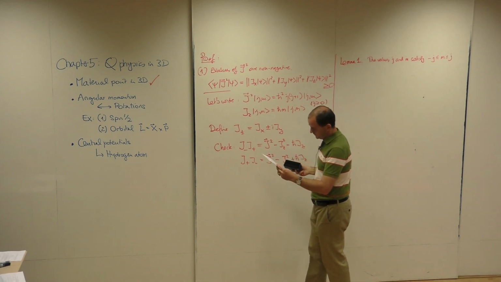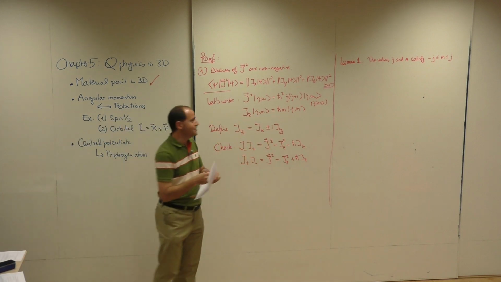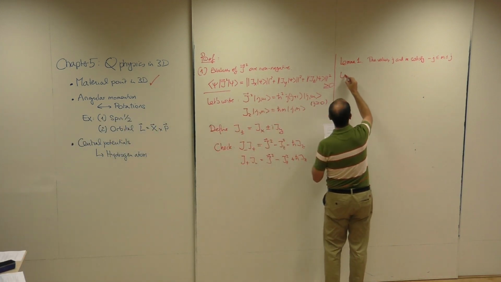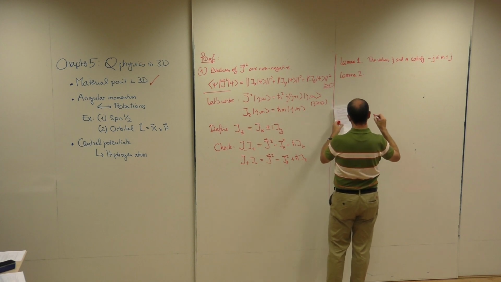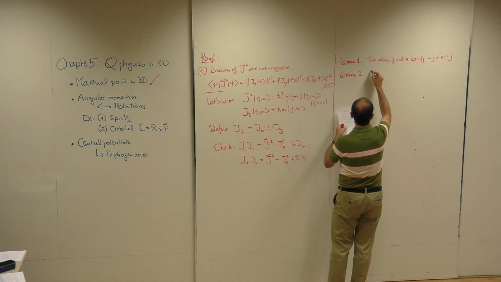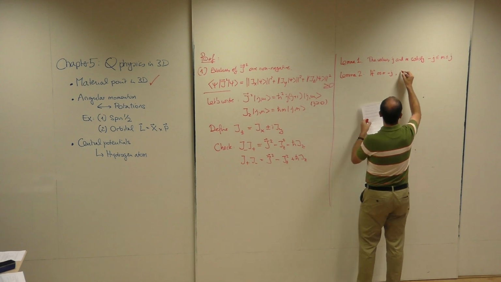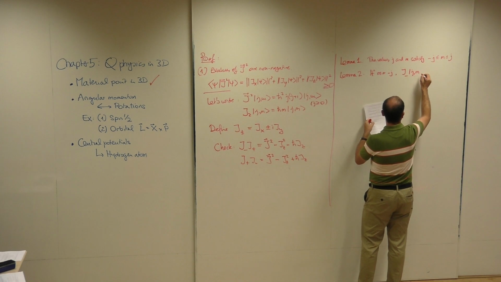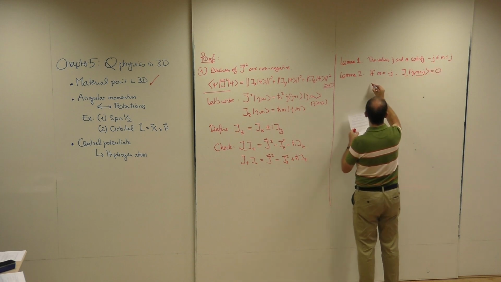Lemma number 2. This is the one where we have the kind of creation annihilation operator, right? Lemma 2 says that there are two parts. If M is equal to minus J, then J minus applied to Jm equal to minus J is the vector 0.